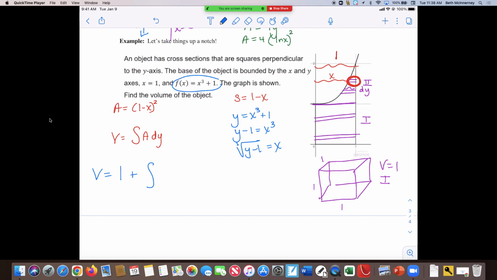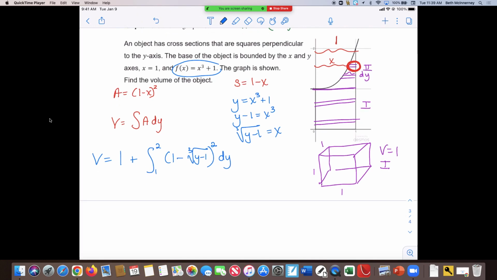It's 1 to 2. It's not 0 to 1 because I'm doing this on the y-axis. And this region starts where y is 1 and it's going up to where y is 2. So then my area was 1 minus x, which is the cube root of y minus 1, that quantity squared dy.